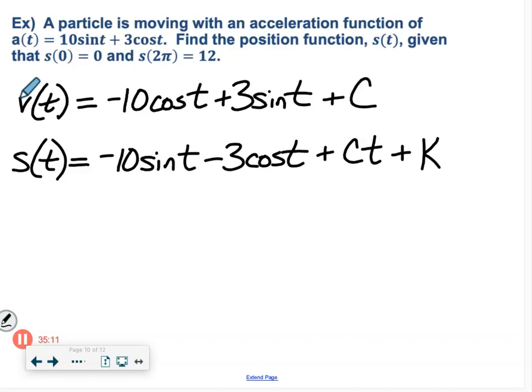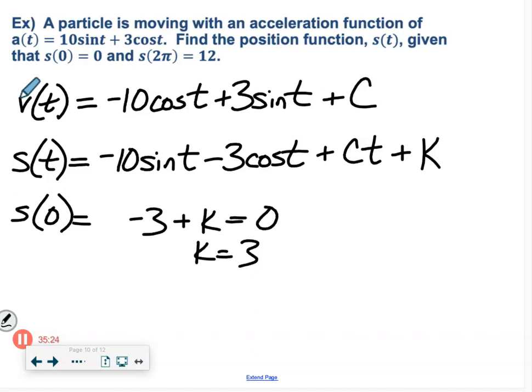All right, now let's plug in and see what we get. S of 0 equals 0 minus 3 plus 0 plus k, and it equals 0, so our k is 3. Now, I personally am very methodical when I do my math problems.